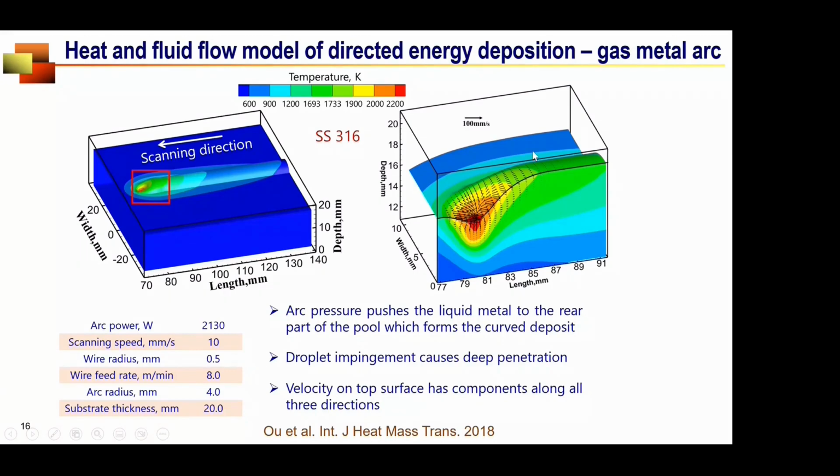Droplet impingement is another factor that causes higher penetration. So we have a large weld pool here, and as a result, we get a very high deposition rate using the gas metal arc process.